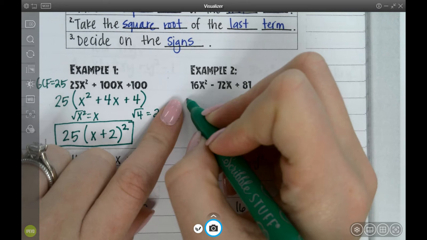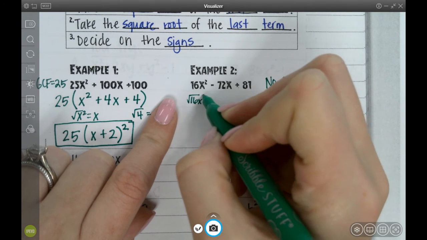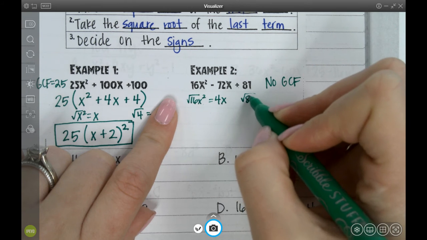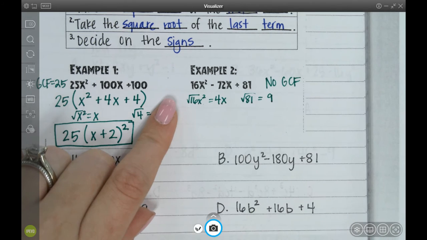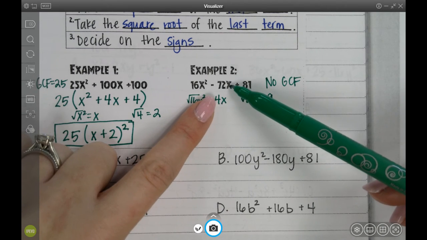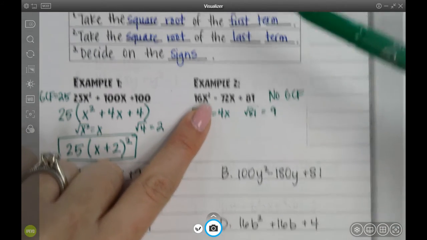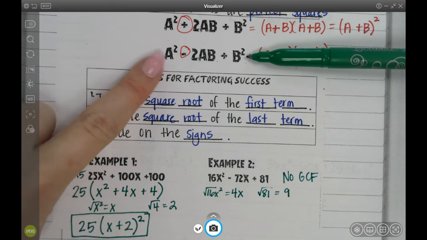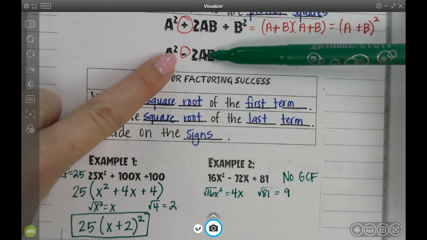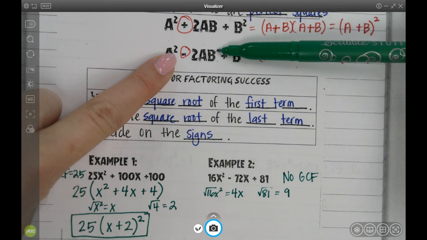So what is the square root of 16x squared? 4x. The square root of 81 is 9. And then I'm trying to get a negative 72 in the middle, right? So that's going to be my second formula because there was a minus. So I need 2 times 4x times 9.